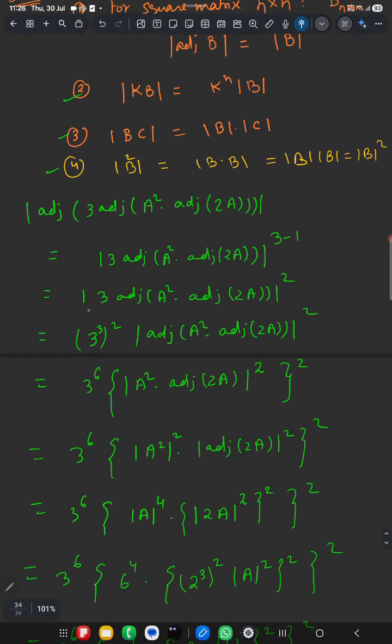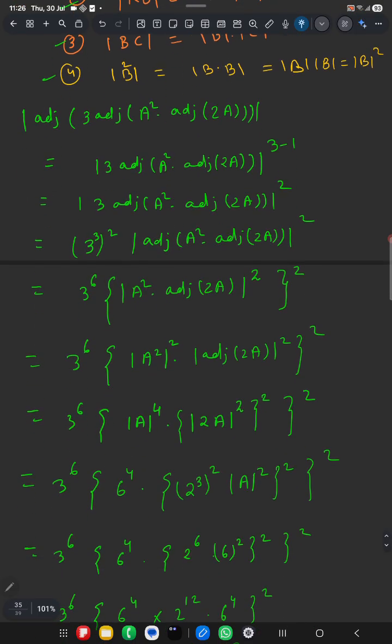Next step, I have solved the inside part, that is some scalar quantity into some matrix. So property number 2: 3 raised to the power 3, and this 2 comes from here, and this will be just the determinant of the matrix, and 2 comes from here. Next step, 3 to the 6.